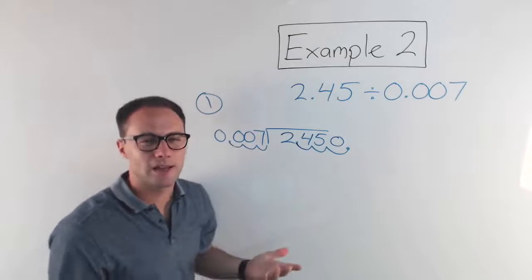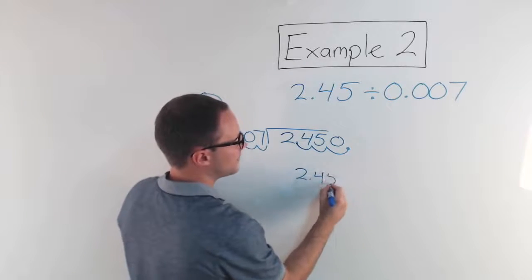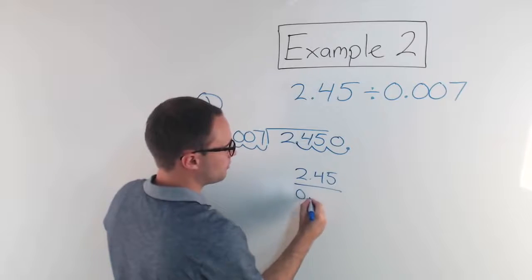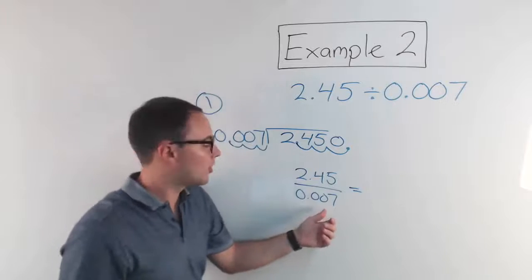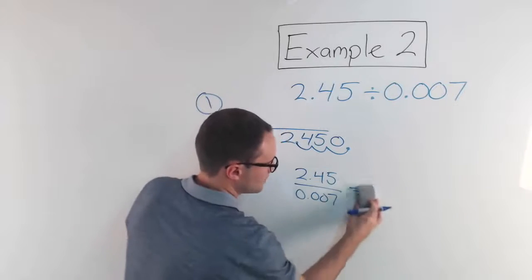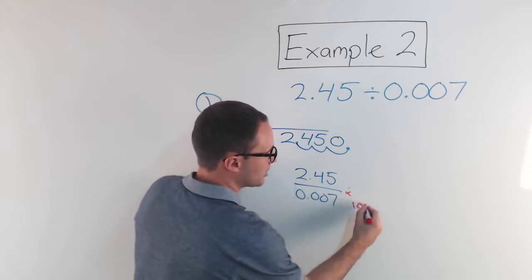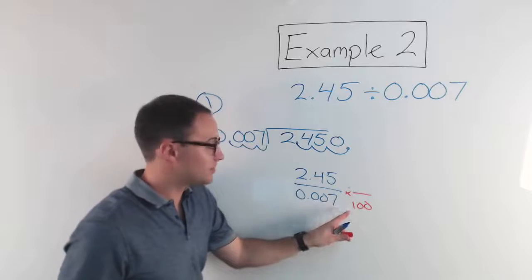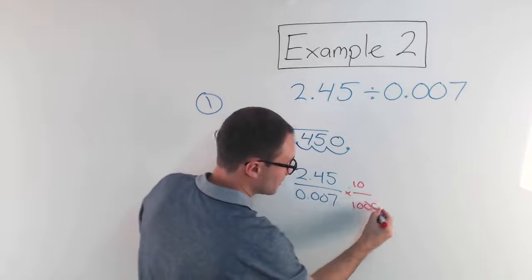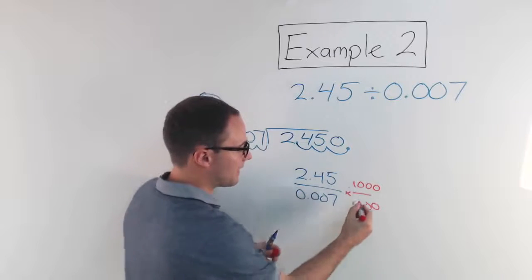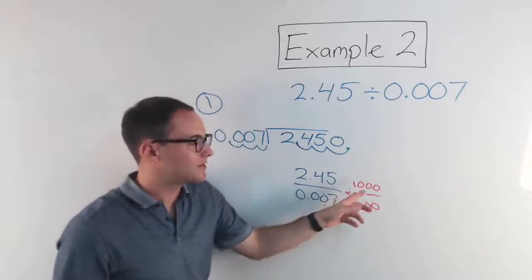This is basically just like equivalent fractions. You can think of it as 2.45 over 0.007. If I want to make my denominator a whole number, I would multiply that by 1,000. Anything I do to the denominator, I need to do to the numerator. So I multiply that by 1,000, which means I'm essentially just multiplying by 1. 1,000 over 1,000 is just 1.